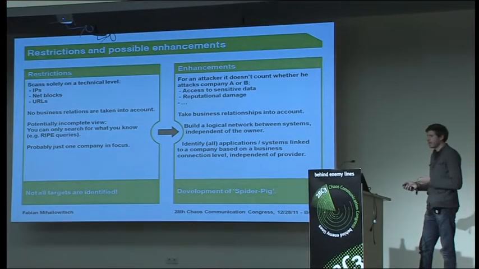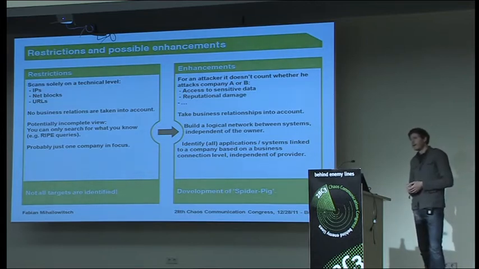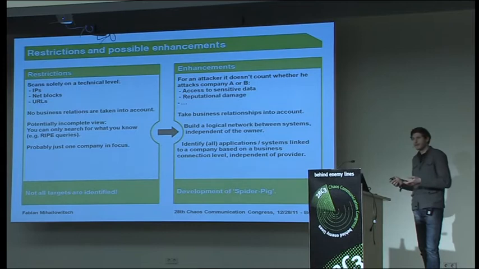So not all targets are identified, because if you are an attacker, you probably don't go for just one company in scope. If you can attack company B, which provides you with the same result. If you're interested in, let's say, the classical example, credit card data, and it is hosted on company B as well, and company B is an easier target, just attack company B. Why attack company A?